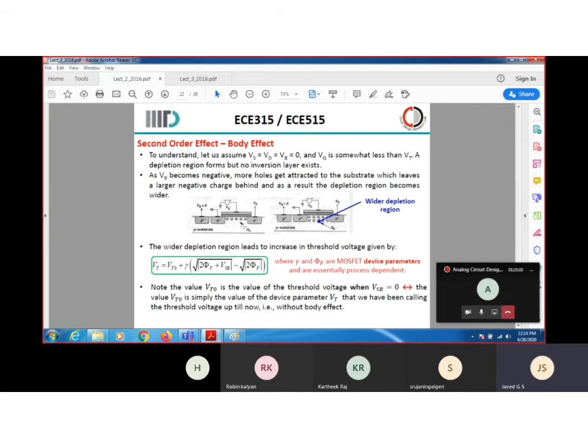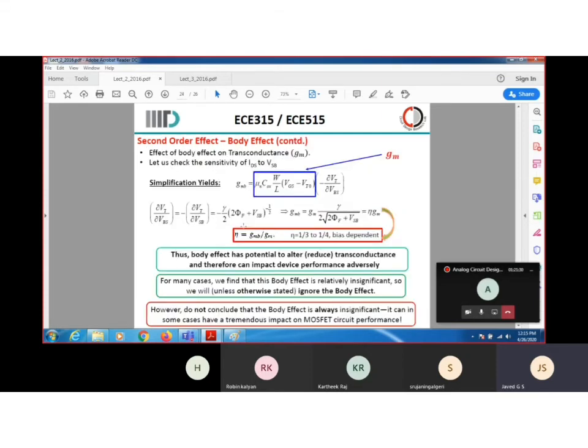So you will get 1 over 2 times the square root of 2 phi f plus VSB, into gamma, is what you will get as the factor. The second factor will go away because there is no VSB term there. So you will end up effectively with this equation here.